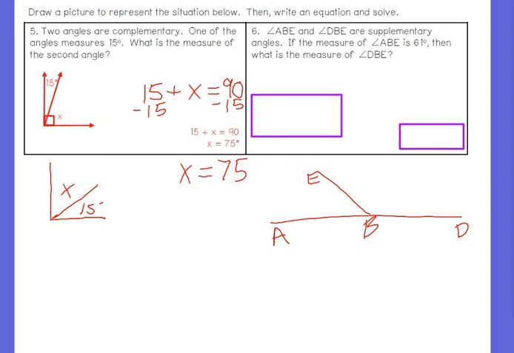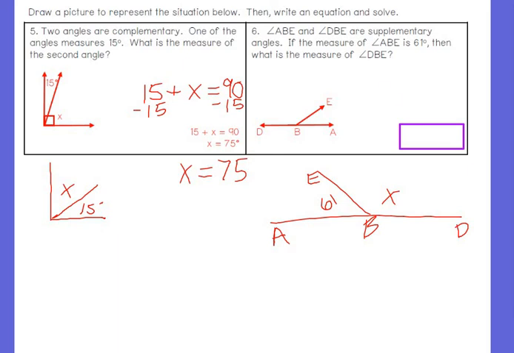Let's see if my diagram is the same. Oh, no. Oh, well. Mine still works. It's just backwards. Okay, so I know ABE is 61 degrees. I need to find this angle. What would my equation be?